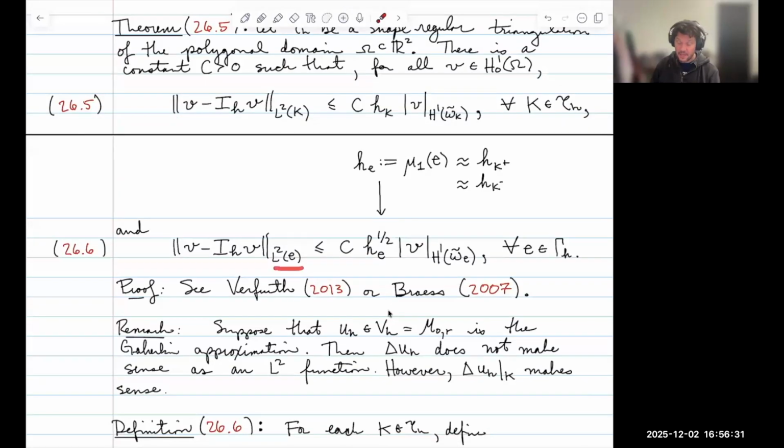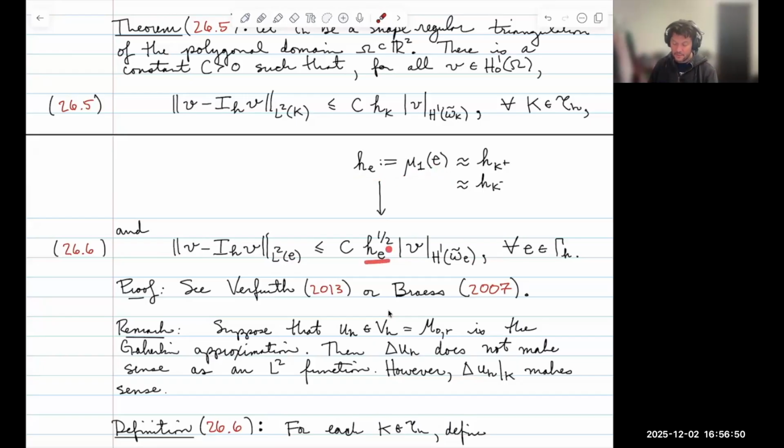We can also measure the error on an edge. This error works out to be less than a constant times the length of that edge, raised to the 1/2 power, times the H1 seminorm of v. Here h_E simply means the one-dimensional measure of the edge, so that's just the length of that edge.